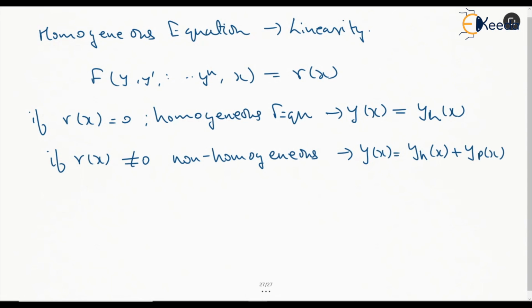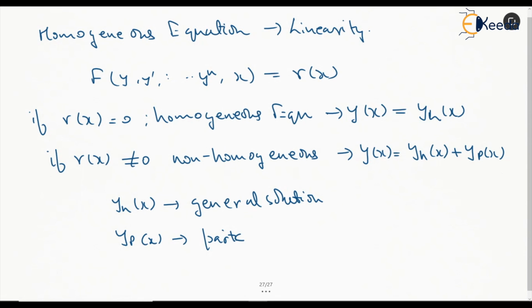So this y h of x is the general solution, whereas this y p of x is the particular solution. So in case the equation is homogeneous, we won't have any particular solution. We will directly write the general solution as the overall solution, right?